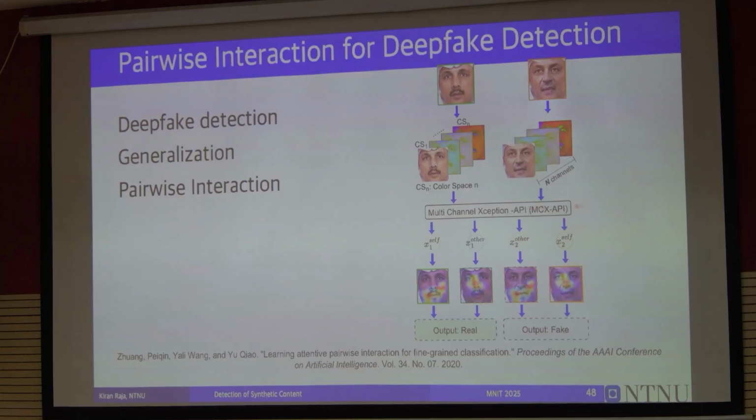And then by learning the interaction between these two, I can say that within the same image, the latent space will be closer, irrespective of what color space I'm using, than the other image. The other image in our context is the image that is synthetically created, right? So look back again here.